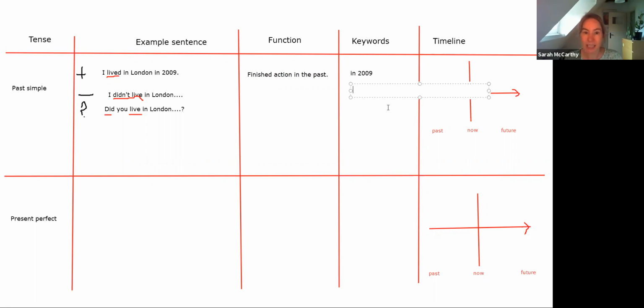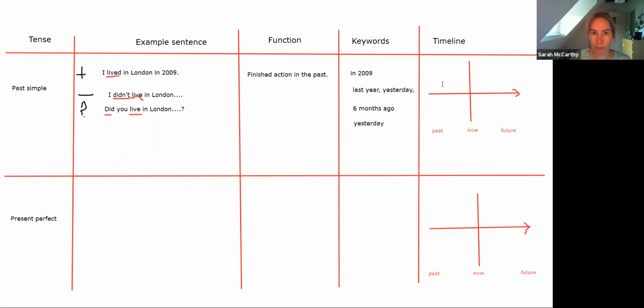Okay, other keywords or big hints as to the tense: last year, yesterday, 6 months ago, anything with a go. Okay. So all those are indicators of the past simple. It's finished, it's gone.